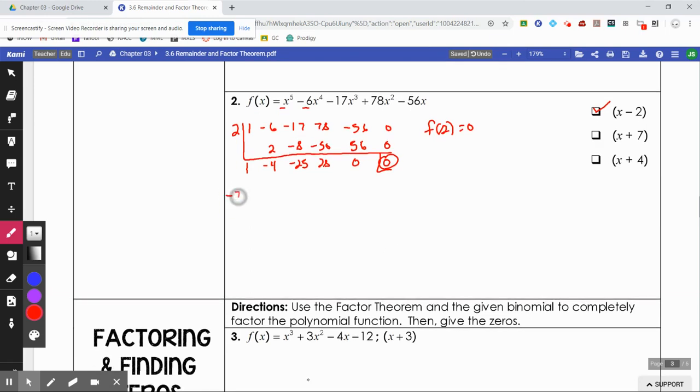Now let's try -7. So we're going to see if x plus 7 is a factor. Same numbers here, 1, -6, -17, 78, -56, and 0. 1, -7, add, multiply. 91 minus 17 is a 74. Multiply.